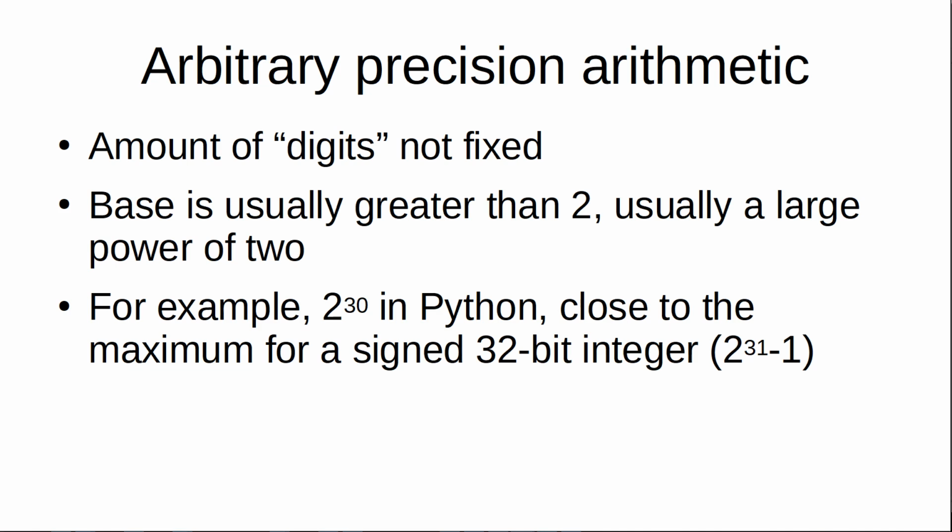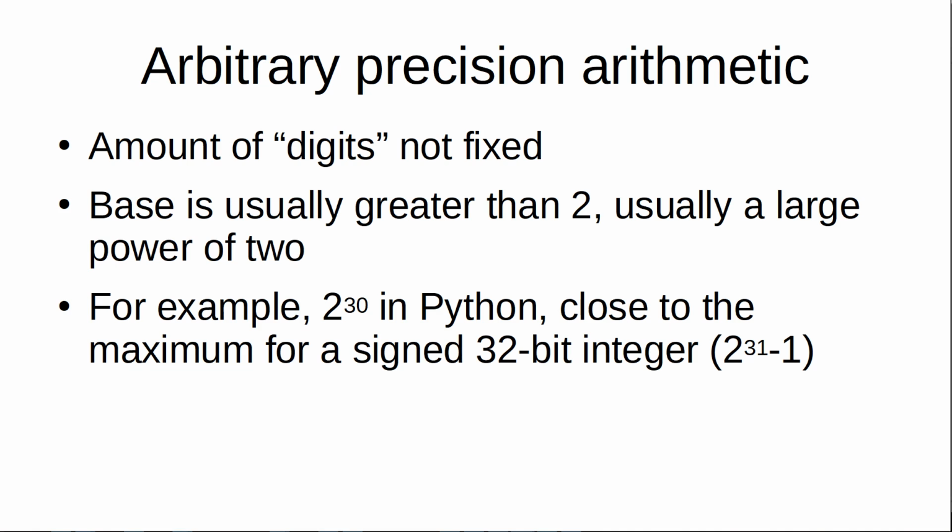However, programming languages are designed to be efficient, so usually the base of an arbitrary precision integer will be set to some high power of 2 that's close to the maximum size of the fixed precision integer that they're working on. For example, in Python, the base for arbitrary precision integers is often 2 to the power of 30, which is close to C's maximum value for the int. In fact, it's half of it.